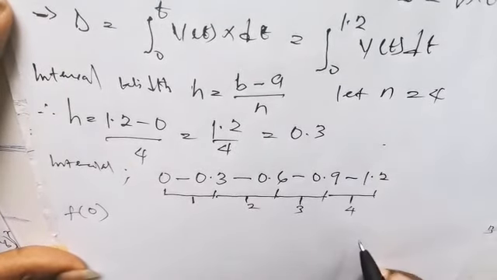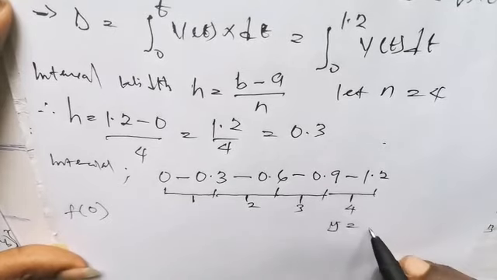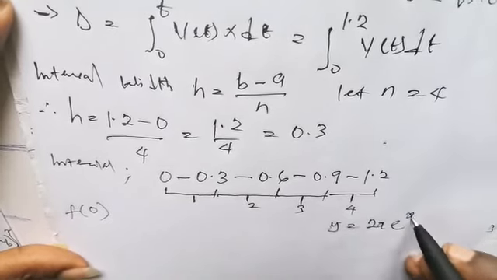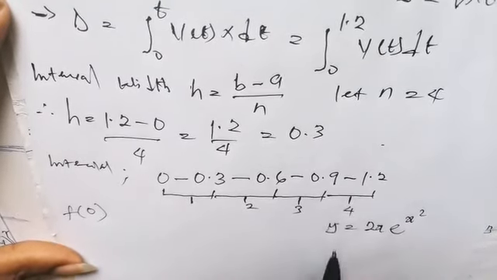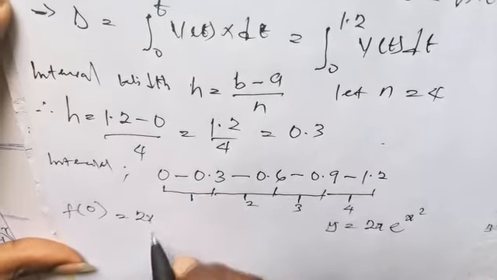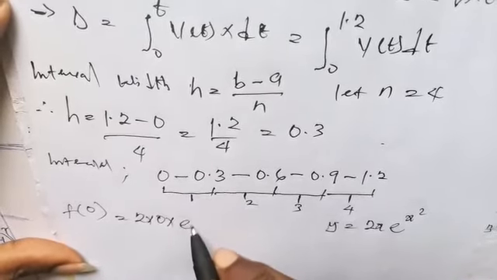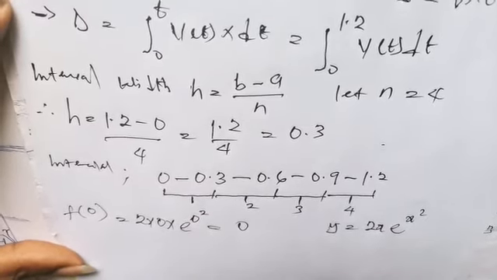Remember, we've already done that earlier: y is equal to f of x, which is 2x exponential x squared. Whenever you see x, put in the value 0. So this is 2 times 0 times exponential 0 squared, and of course 0 multiplies everything here, giving you 0.